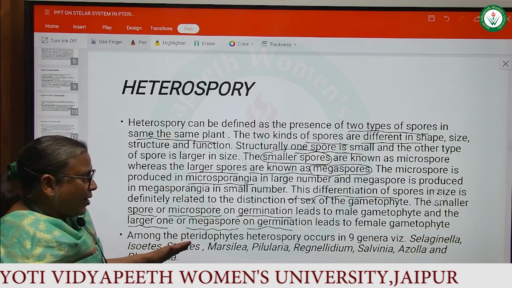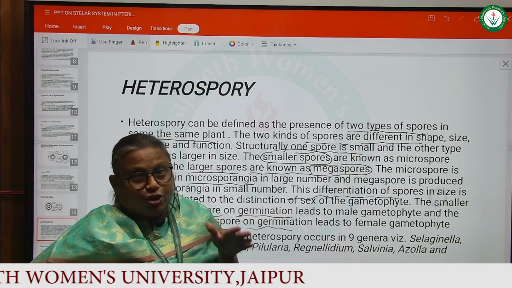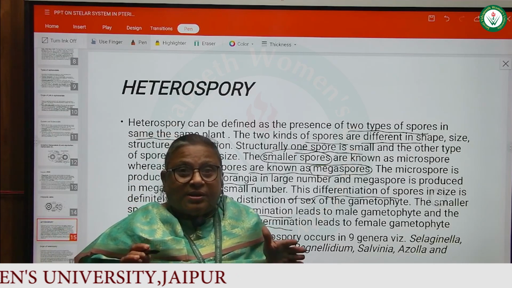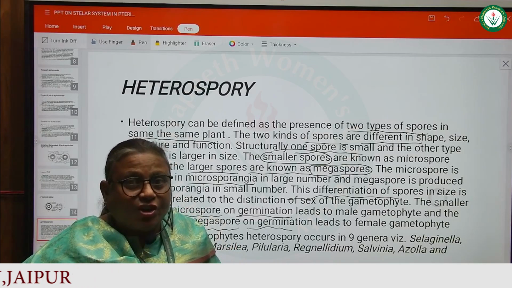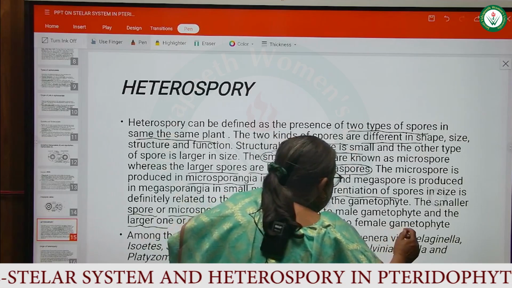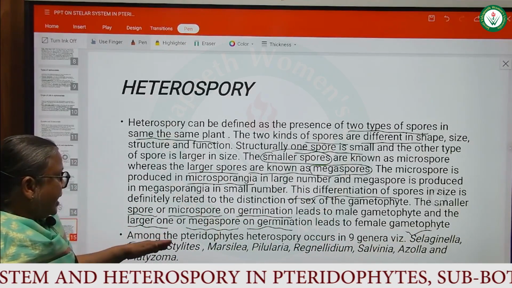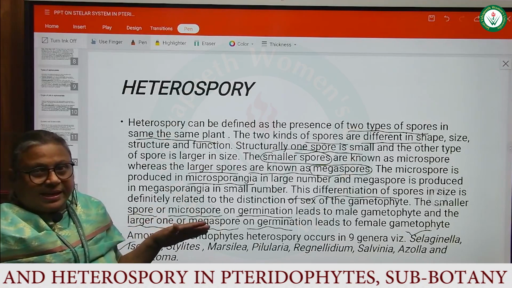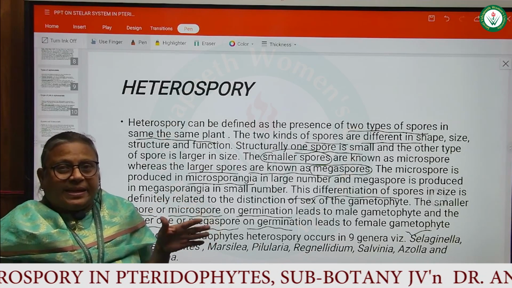Among the pteridophytes, heterospory occurs in 9 genera. So what are the 9 genera in pteridophytes in which heterospory is present? They are Selaginella, Isoetes, Stylites, Marsilea. Marsilea is in the course of BSc and MSc.